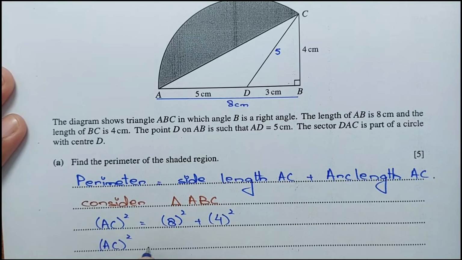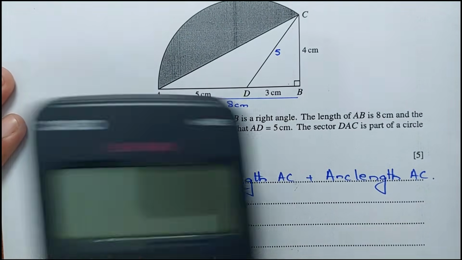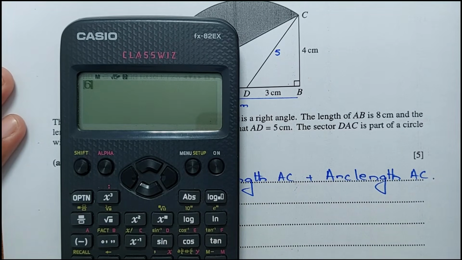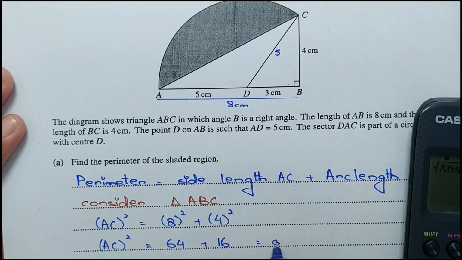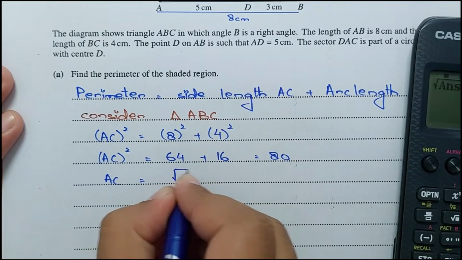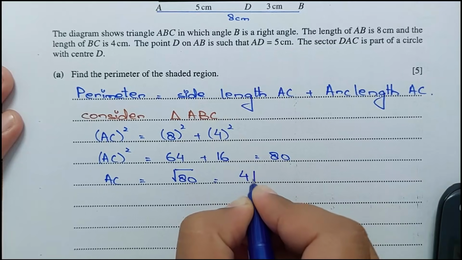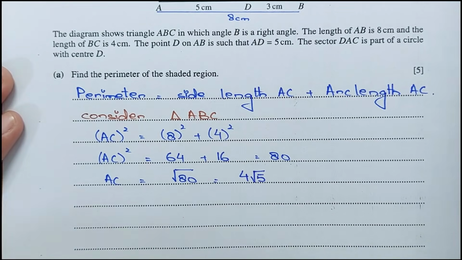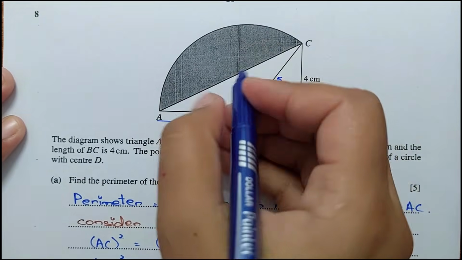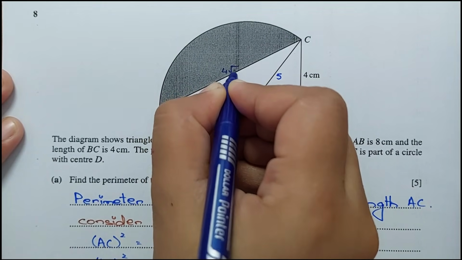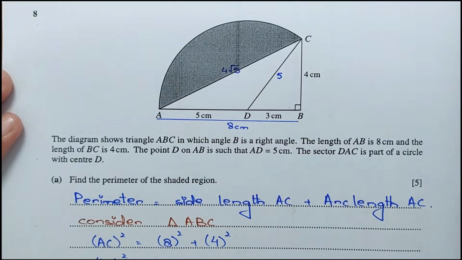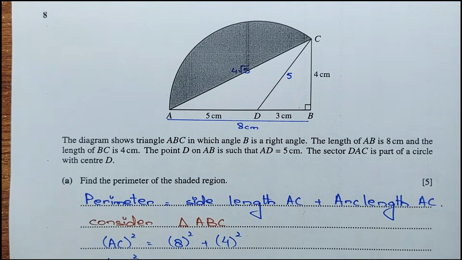So AC square is 8 times 8 is 64, 4 times 4 is 16, 64 plus 16 is 80, and AC is the square root of 80, which equals 4 root 5. 4 root 5 is the length of AC, right? This length of AC is 4 root 5.